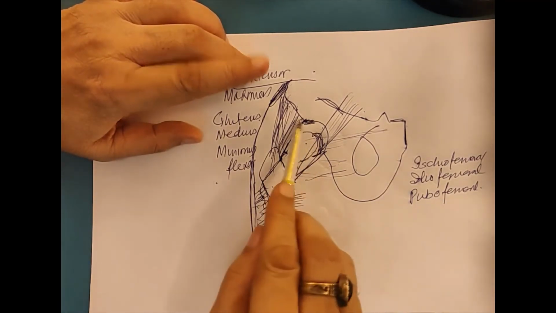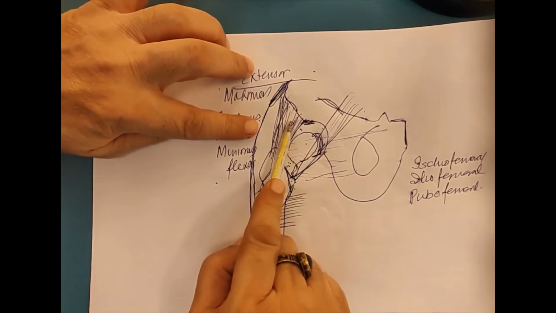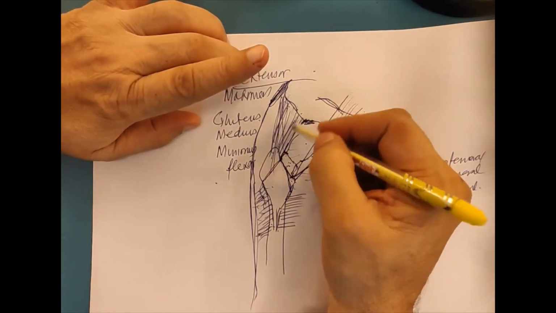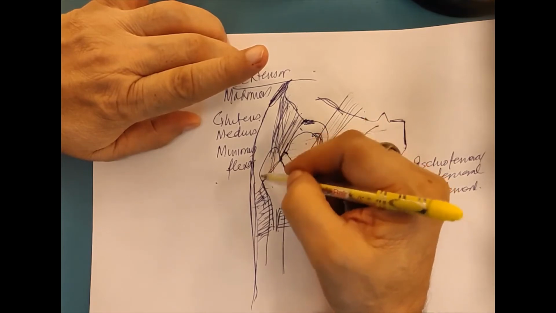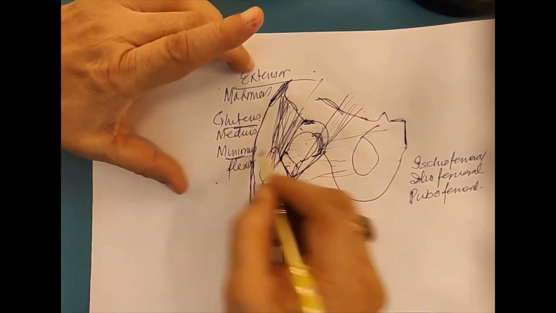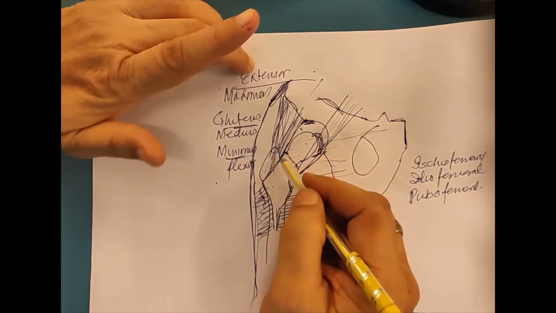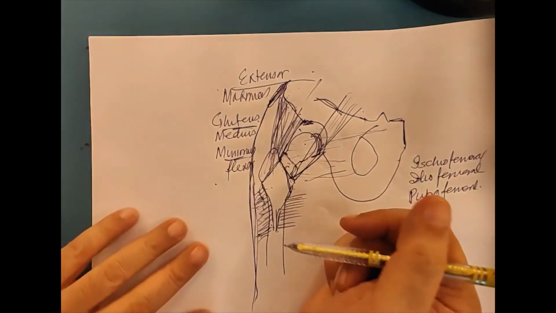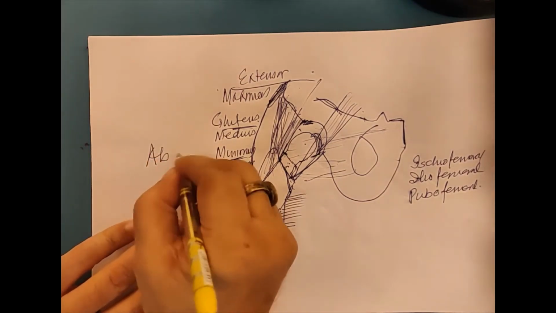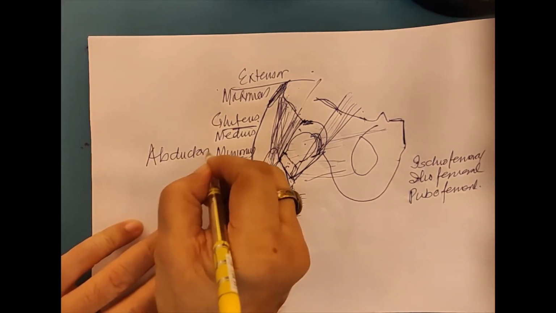So this finishes the gluteus medius and the tensor fasciae lata. The anterior part of the ilium attaches to the anterior part of the trochanter, and you have the gluteus minimus, which abducts but also flexes. So we have covered abductors of the hip.